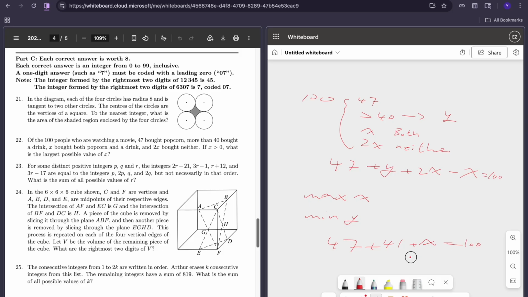After some calculation, we see x equals 12. And this is the answer. By trying x equals 13, we can see that the total number of people will become 101, which is bigger than 100, which is impossible.